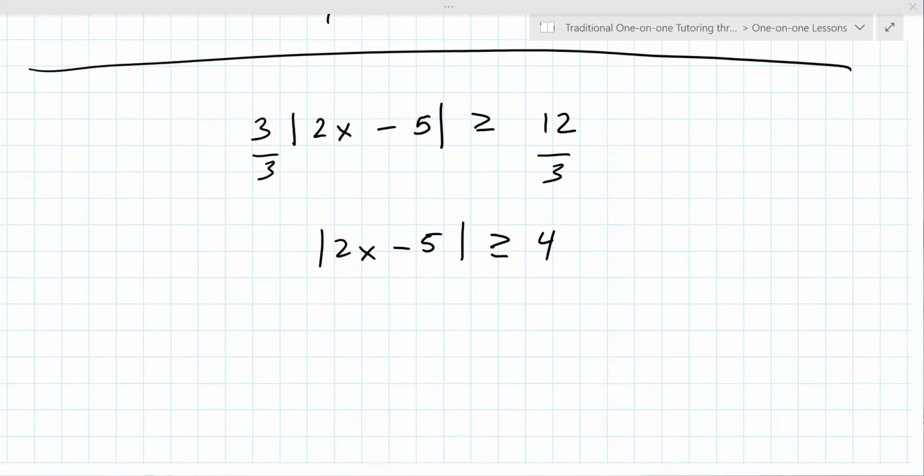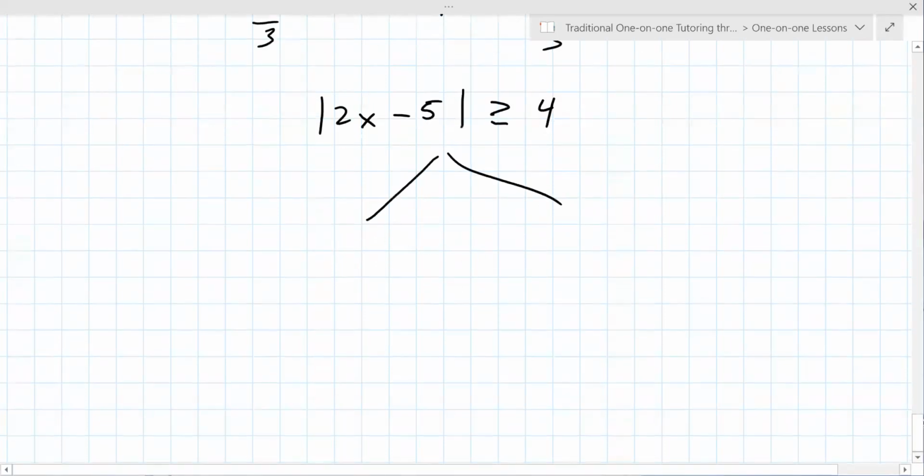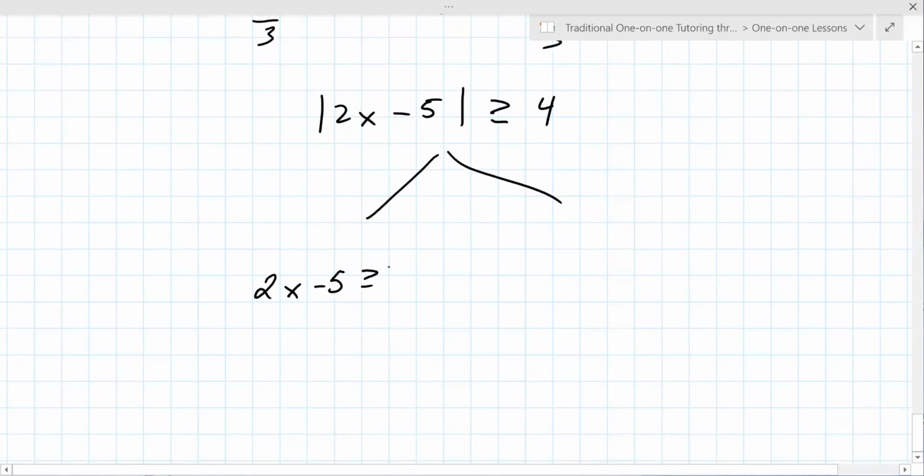Now you can break it apart. 2x minus 5 greater than or equal to 4. So you write exactly what's there. And on the right, the left side is the same. You flip this though, so less than or equal to, and then 4 goes to -4, whatever number you get goes to its negative. And like I mentioned, you do the same operations everywhere, you just get different numbers.